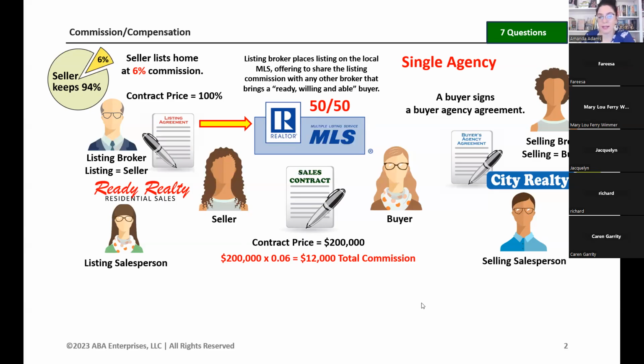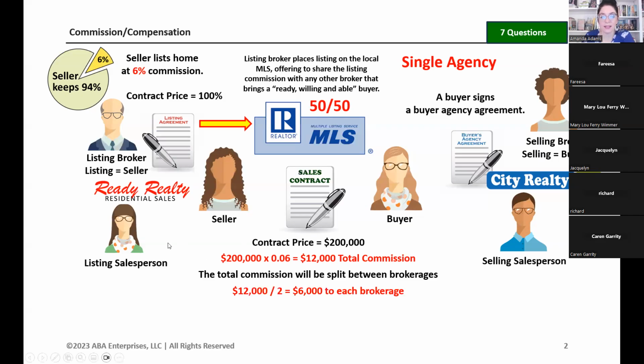They're going to be split evenly between the brokerages. So 12,000 divided by 2 is 6,000. So $6,000 is going to each brokerage. So at the closing table, there's going to be a $6,000 check made out to Ready Realty, and a $6,000 check made out to City Realty.